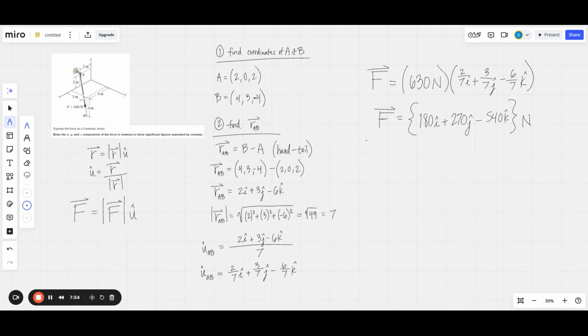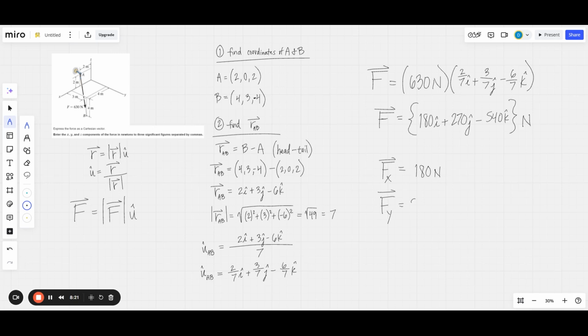Now, this is the final answer, but the question says to enter the x, y, and z components of the force. So we can just write it like this. Fx is 180 newtons.